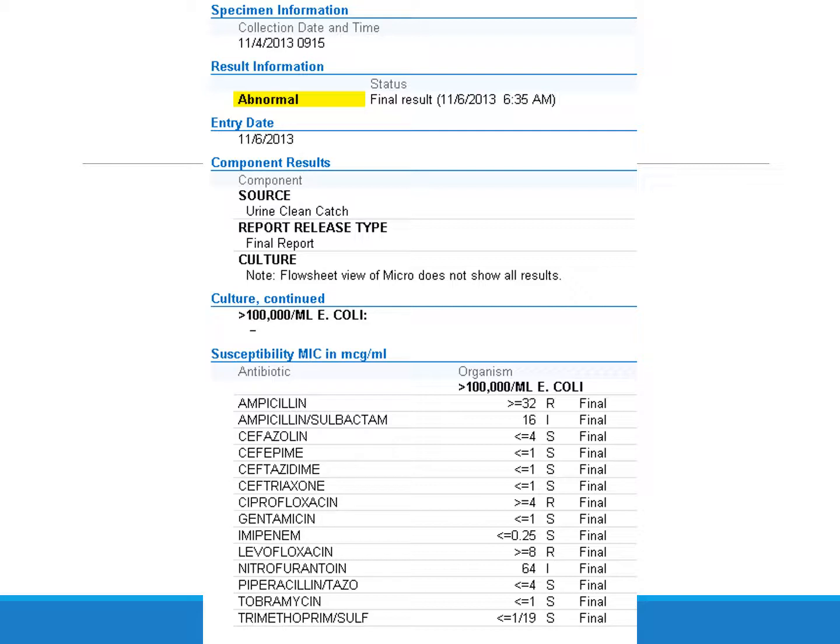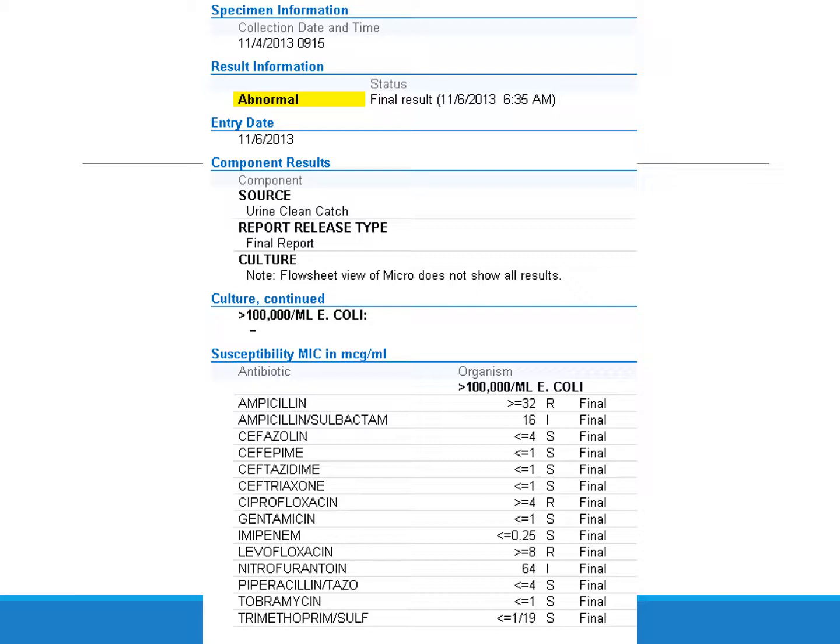But a couple other things to point out, you can see here the numbers, and I'll point this out with my cursor in this column. These are your MICs, and then the resistant, intermediate, and susceptible, that's what they're determining the cutoff at. So look at ampicillin. Ampicillin has an MIC greater than 32, and the lab's saying, well, anything over 32 is resistant.